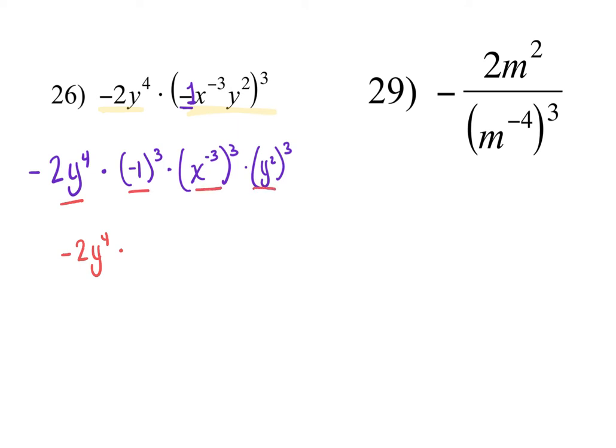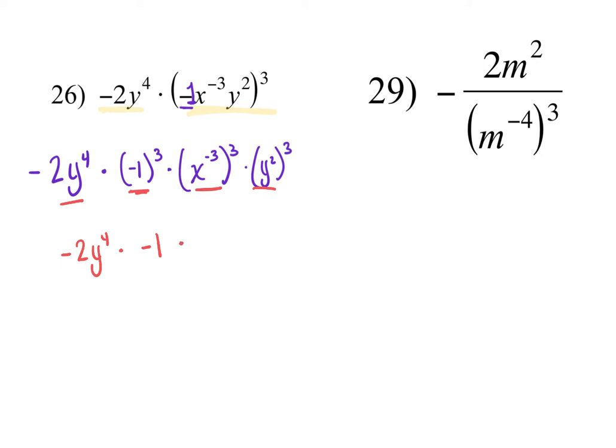What is negative 1 cubed? Negative 1 times negative 1 times negative 1. It's just negative 1. Remember, if you have a negative to an odd power, it's going to stay negative. If you have a negative to an even power, it's going to change to positive. And then you just have to worry about what the number's doing. 1 to the third power. Well, that's just 1. So this guy is going to reduce to just be negative 1.